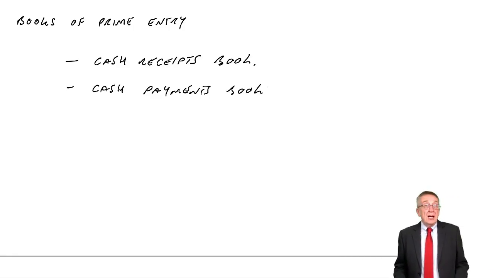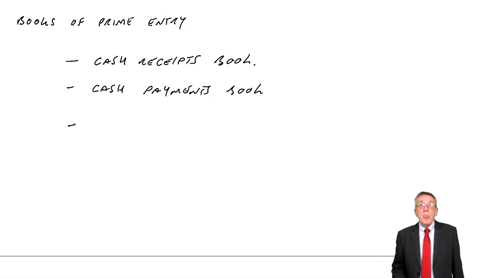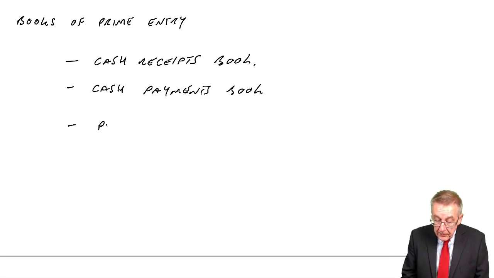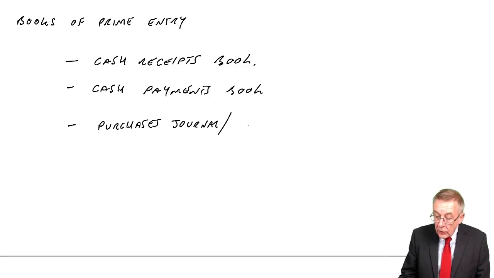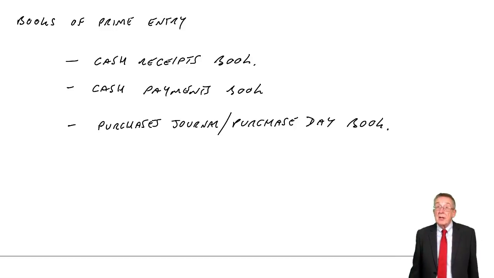As far as purchases on credit are concerned, we'll note them in another book. And here, the name can be very confusing. It's either called the Purchases Journal, or the other name is the Purchase Day Book. I'm sorry, a lot of this is terminology, and I'll summarise the various books at the end of the lecture.